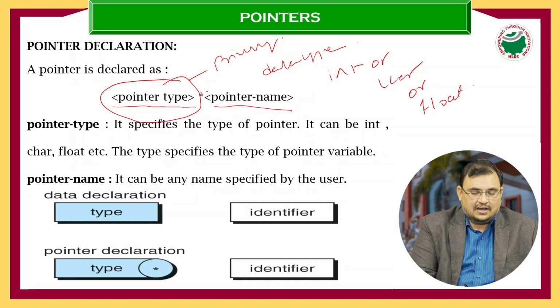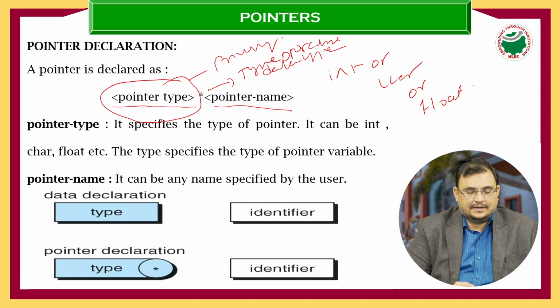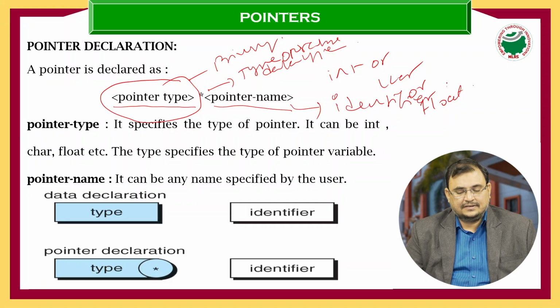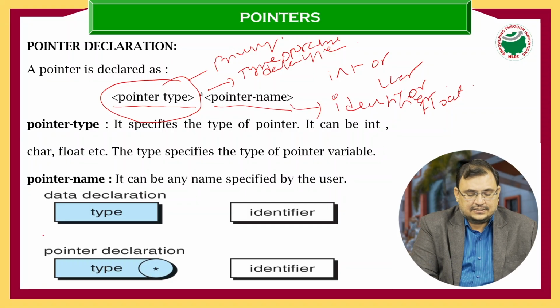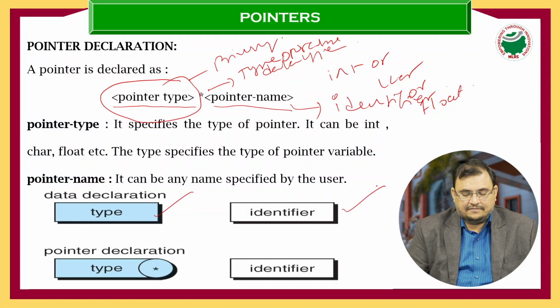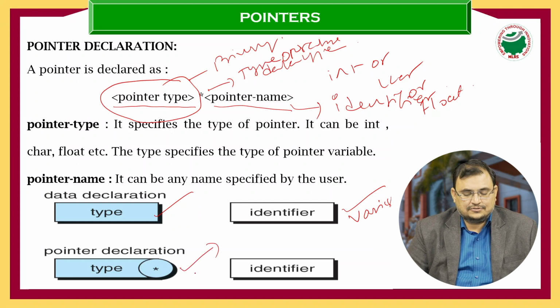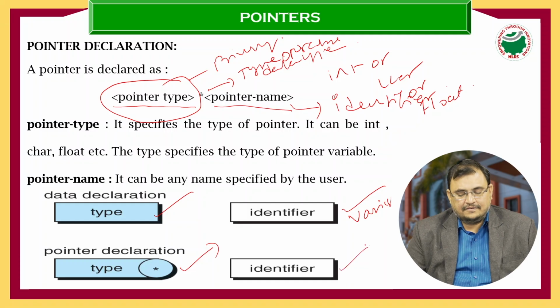The star is called the type operator, and the pointer name is a valid identifier. A declaration of a variable has a type as well as an identifier. In the declaration of a pointer, the type operator is also included, with the same identifier. So this is the declaration of a pointer.